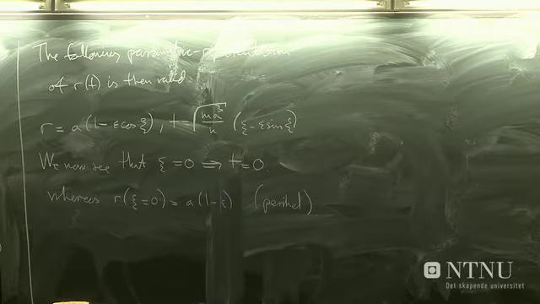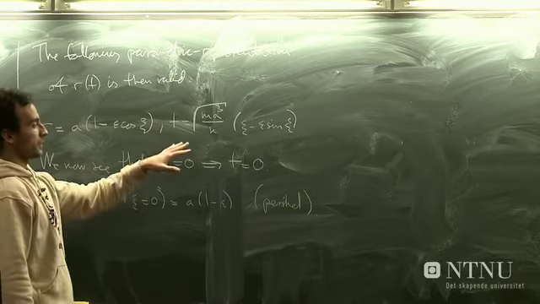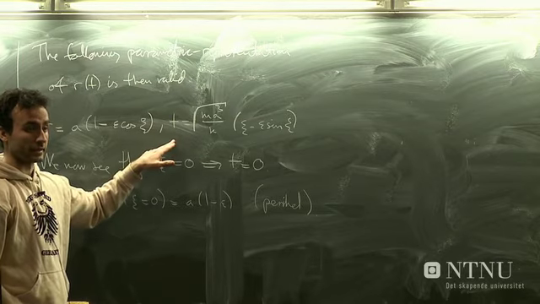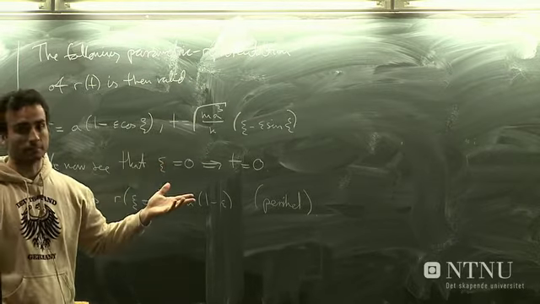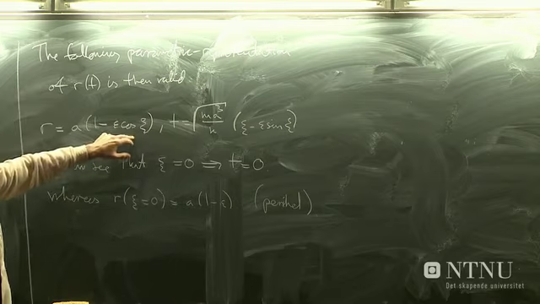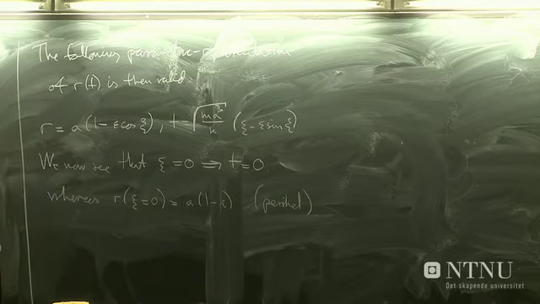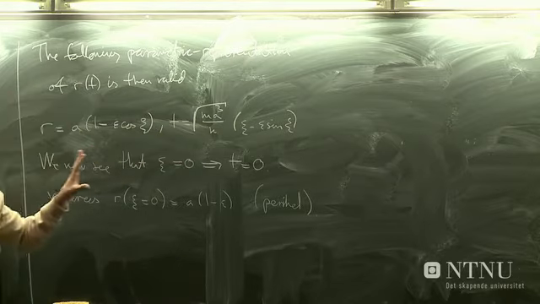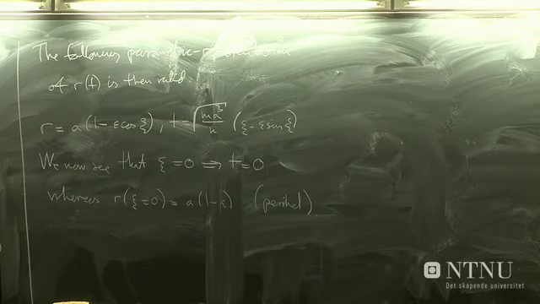Possibly, if it was possible, we could have isolated psi, expressed it as a function of time, and then reinstated it here to find r explicitly as a function of time. In this case, I think it would be kind of messy. So this is a more convenient way to represent the time evolution of the trajectory.